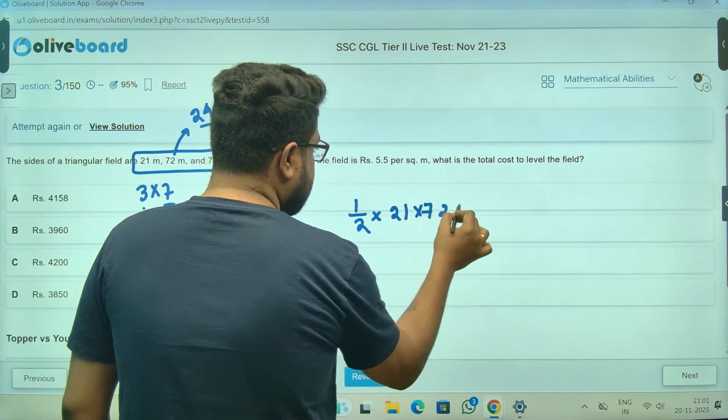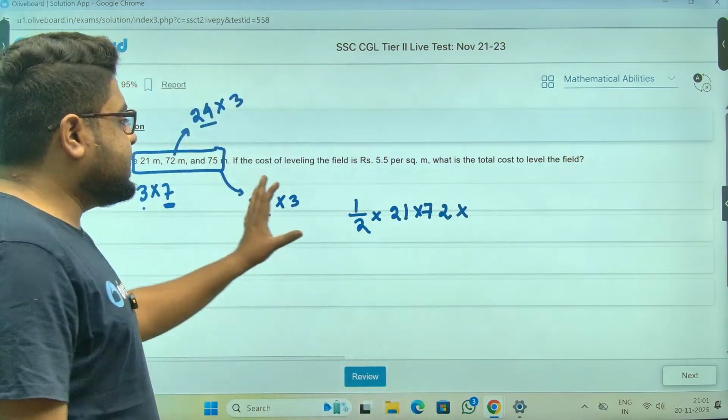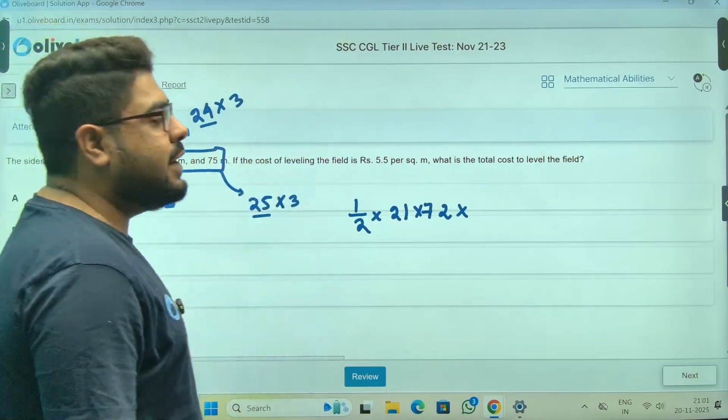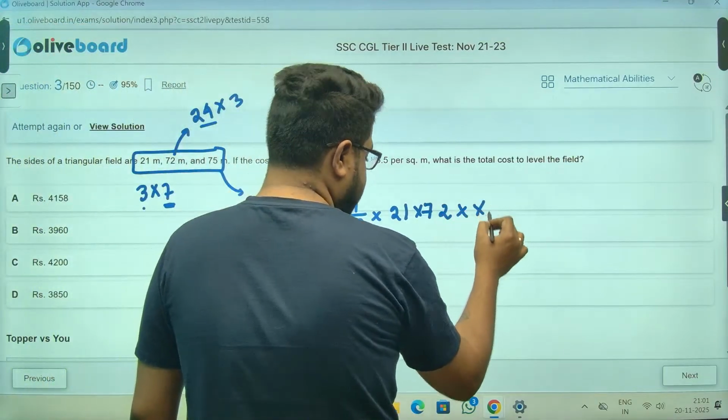Now, this is the area of the field. Cost of leveling is 5.5.